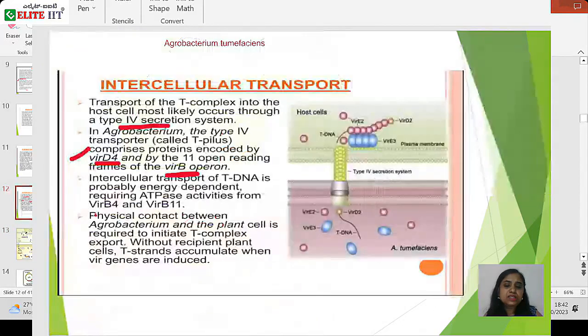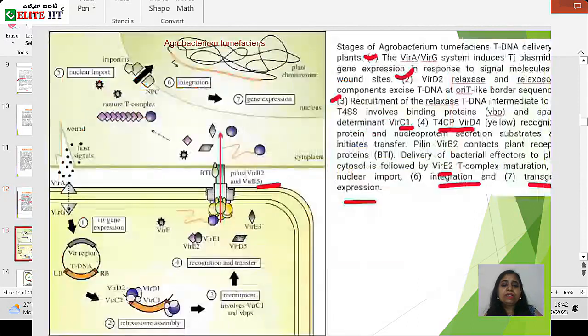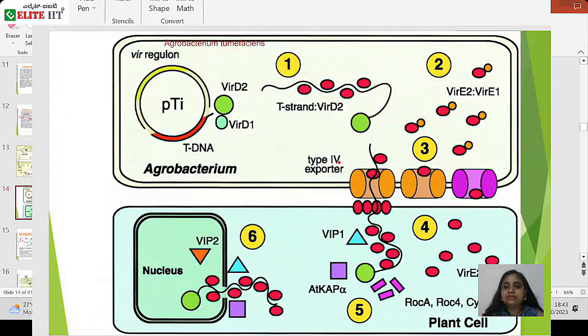In this slide, it is given that in Agrobacterium the type 4 transporter comprises proteins encoded by VirD4 and VirB, but VirD is not given here. B2, B5 is given, but D is not given. Why? Don't know. D4 is not given. That is the problem.